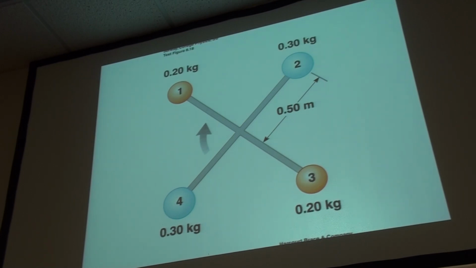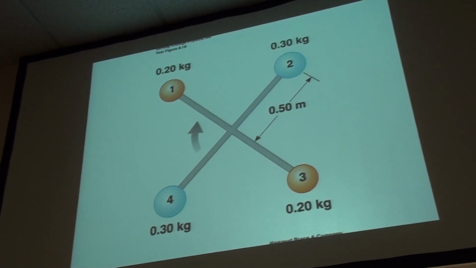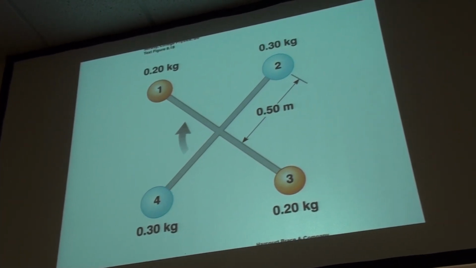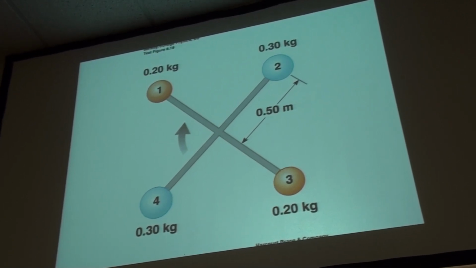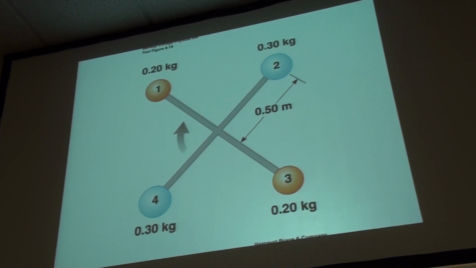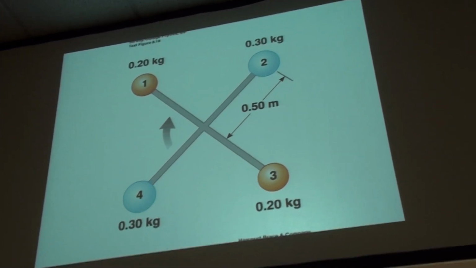In this case, with this baton that has massless struts, we can call this mass 1, this mass 2, this mass 3, and this mass 4.